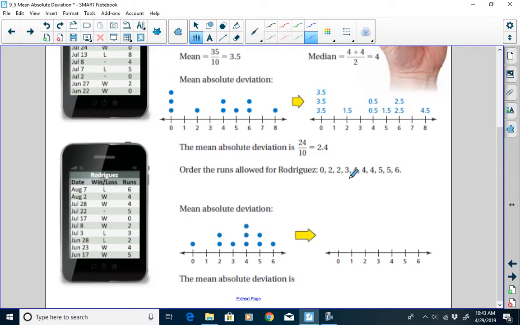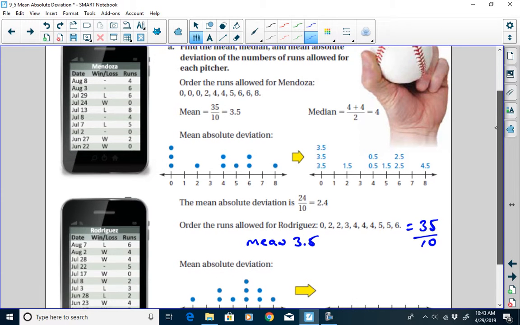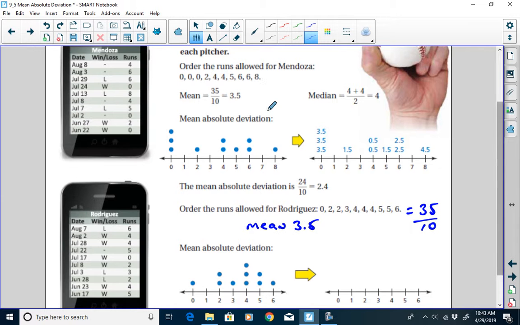We get a total of 35. We divide that by 10, and we get a mean of 3.5, which is the same mean that we had for Mendoza. So both Mendoza and Rodriguez have a mean of 3.5.